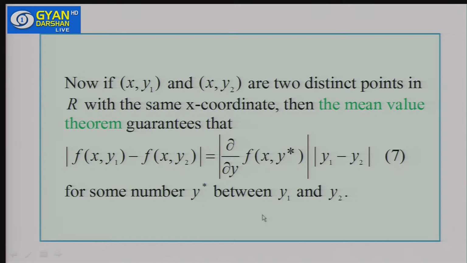So there exists some y star between y1 and y2 such that this will happen. This is a very standard result of the Lagrange mean value theorem: if a function is continuous in a closed domain and differentiable in an open domain, then f of x1 minus f of x2 divided by mod of x1 minus x2 equals the derivative of that function at some point within the interval x1 comma x2.